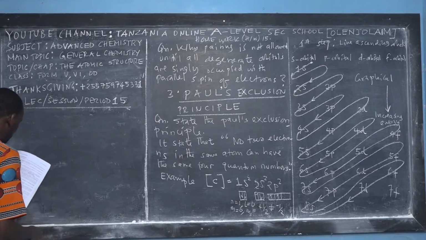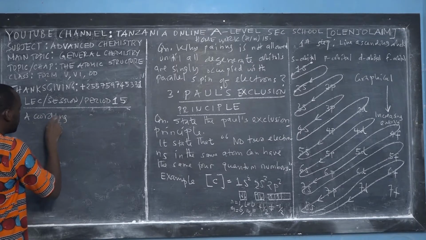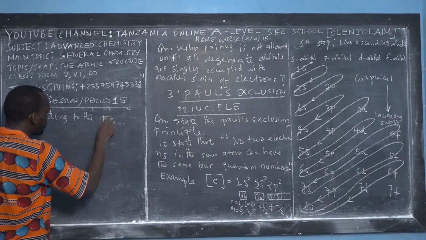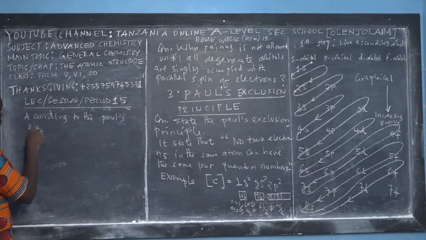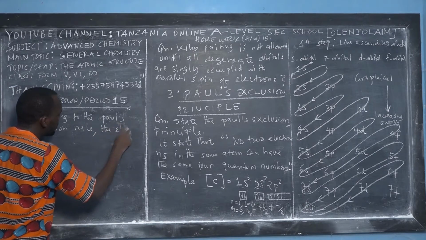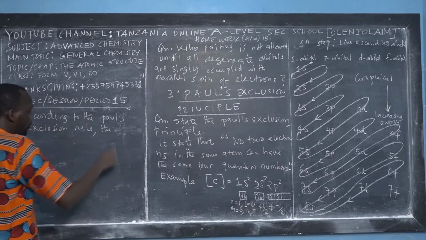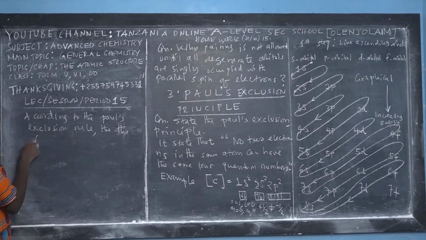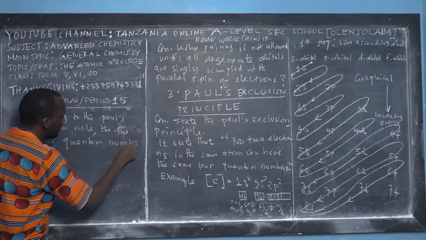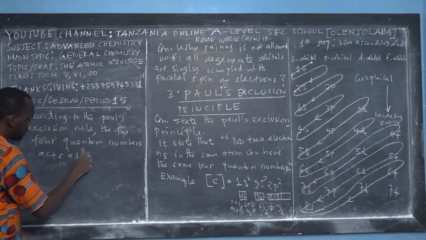So we say that according to Pauli's exclusion rule, the 4 quantum numbers act as a fingerprint.